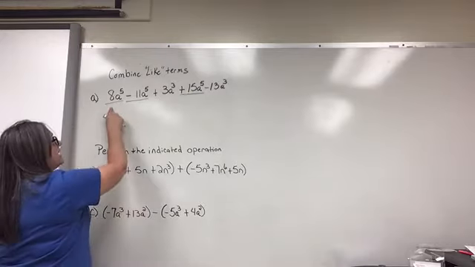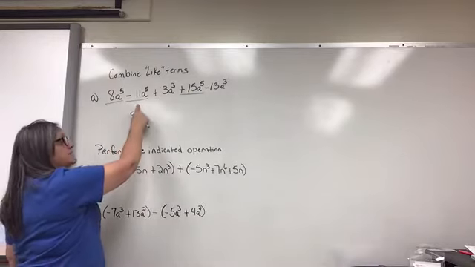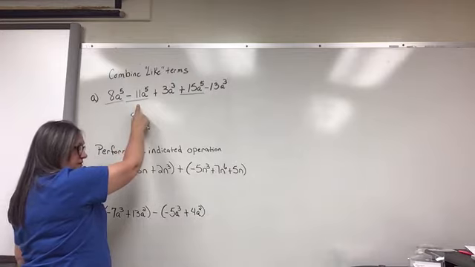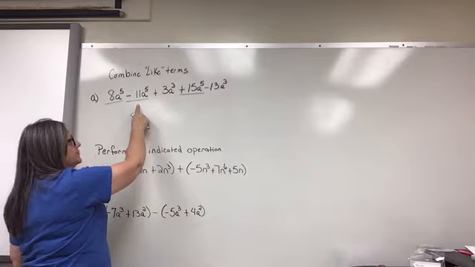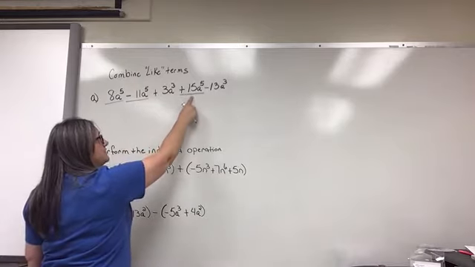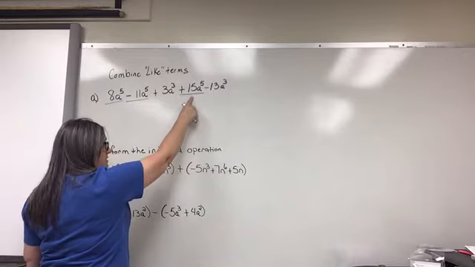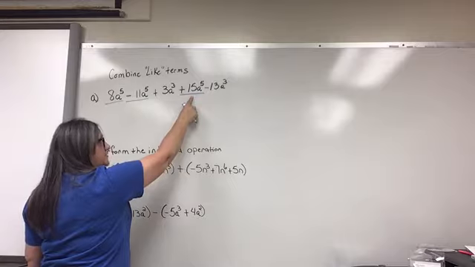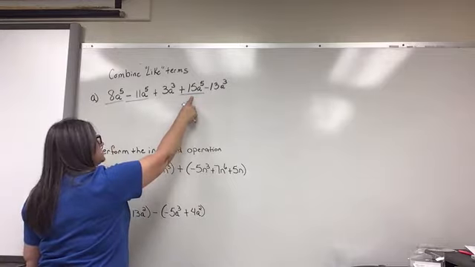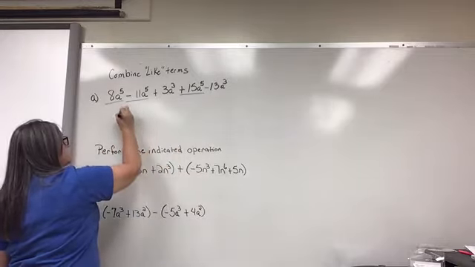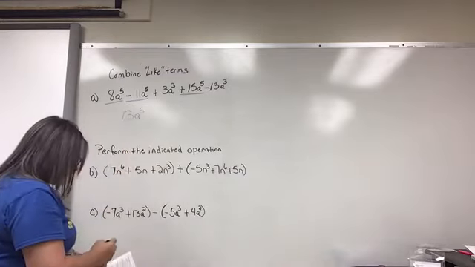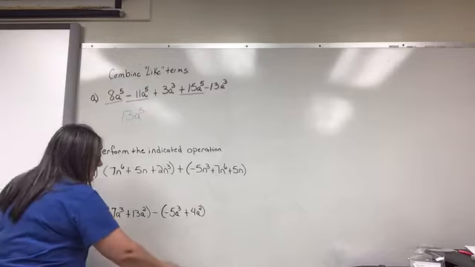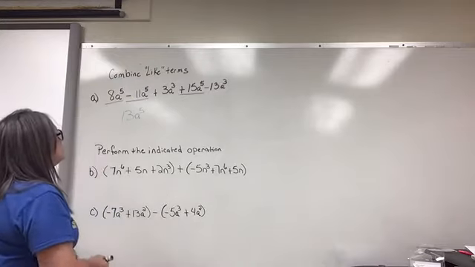So I have 8a to the fifth minus 11a to the fifth, and that's going to be negative 3a to the fifth plus 15a to the fifth, and negative 3 plus 15 is going to end up being 13a to the fifth. Now let's look and see what other terms we have up there.